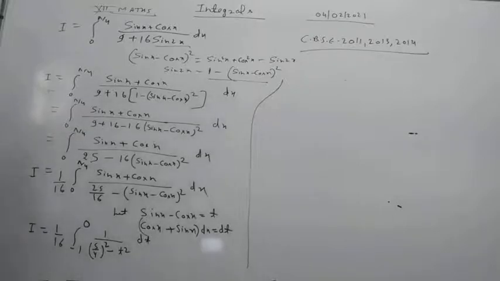So friends, this is our integral of 1 by a square minus x square, and you know its value will be equal to 1 by 2a log of a plus x upon a minus x.